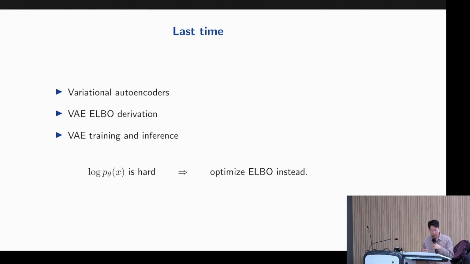In the previous lecture, we said directly maximizing the log likelihood was hard under our modeling choices. So we ended up optimizing the lower bound instead.